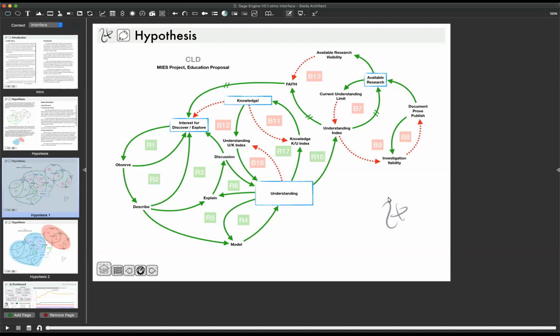I even have a model for cockroaches because they are difficult to exterminate. And if the person doesn't realize that he is causing the problem, you can spend all your money on pesticides and nothing will change.